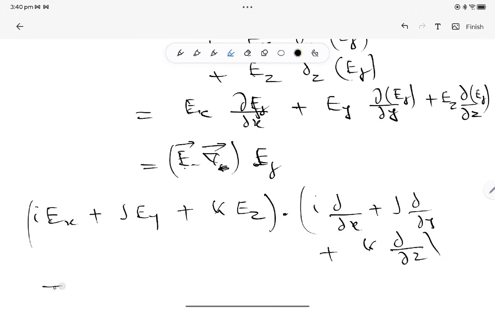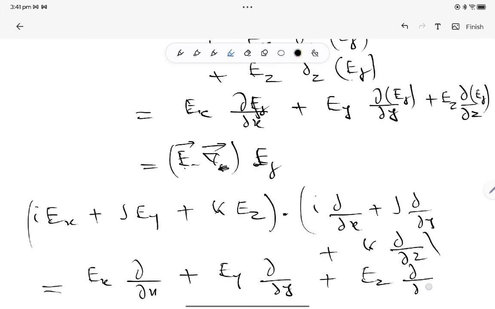This is equal to, i with i, E_x del by del x, plus E_y del by del y, plus E_z del by del z. Now check it here: E_x del by del x, E_y del by del y, E_z del by del z. I think now it is quite clear.